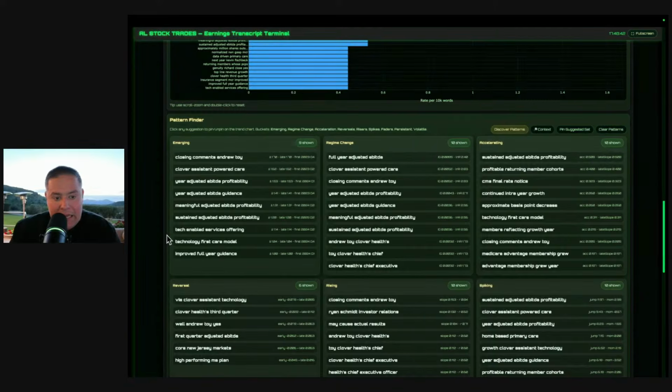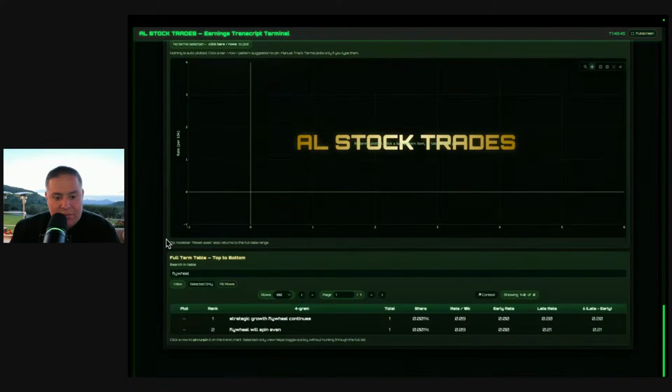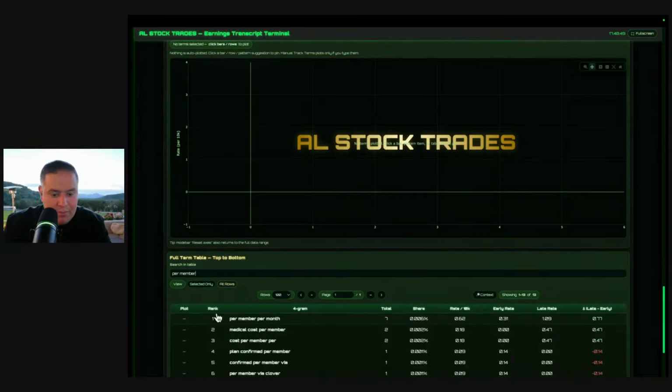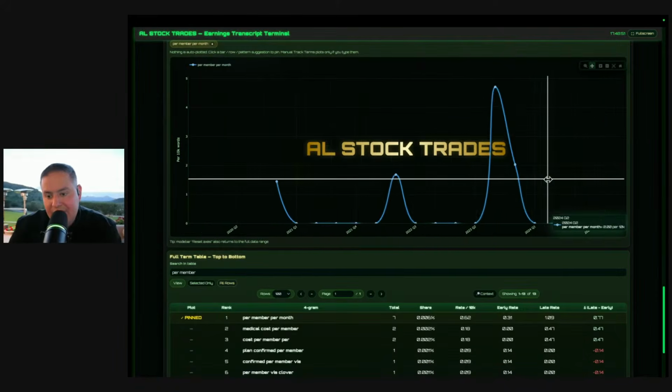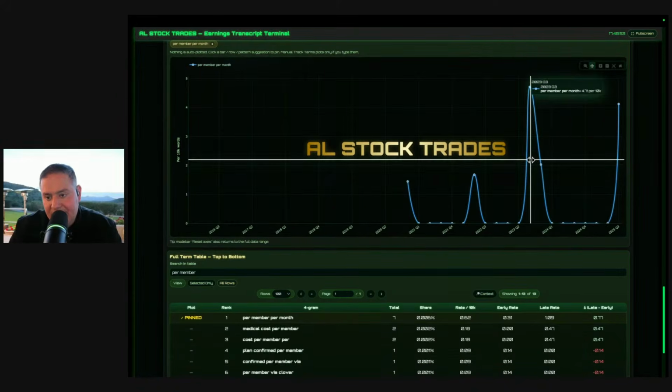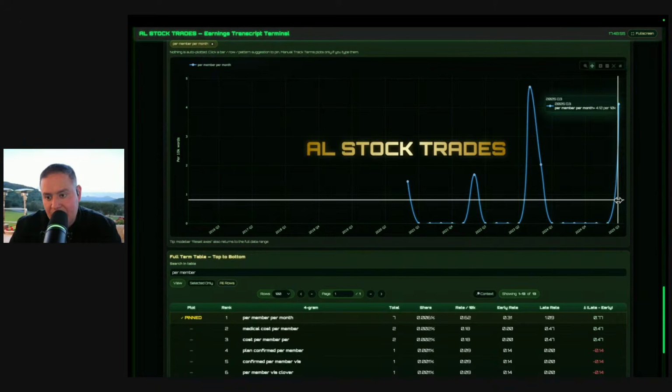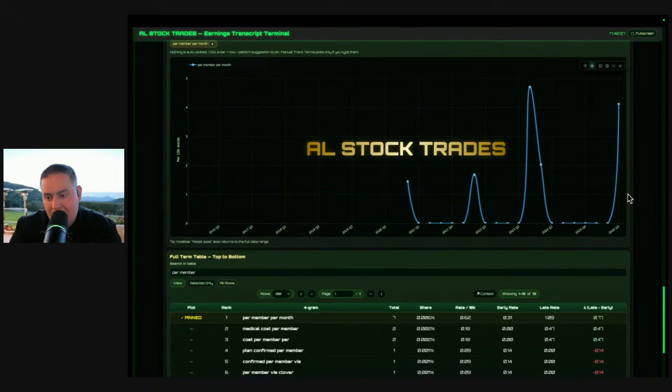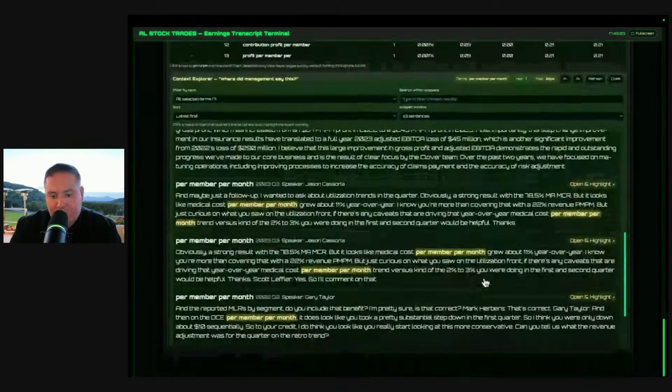That's something I like. Let's just search it. Per member per month. And you could see that it was accelerated here, and now we're slowly talking about it. Let's look at the context to see when they were talking about it.